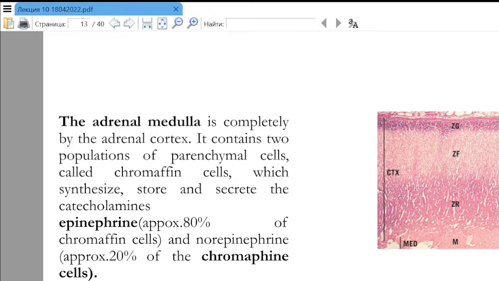The adrenal medulla is completely surrounded by the adrenal cortex.